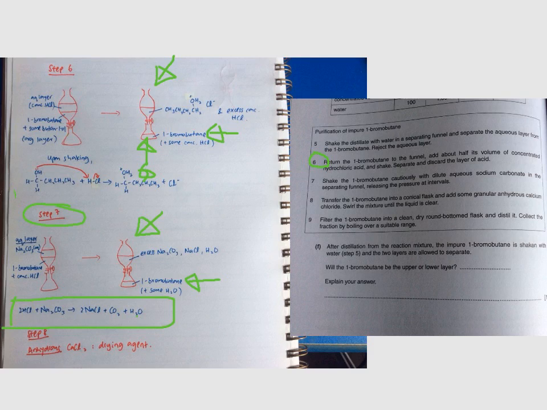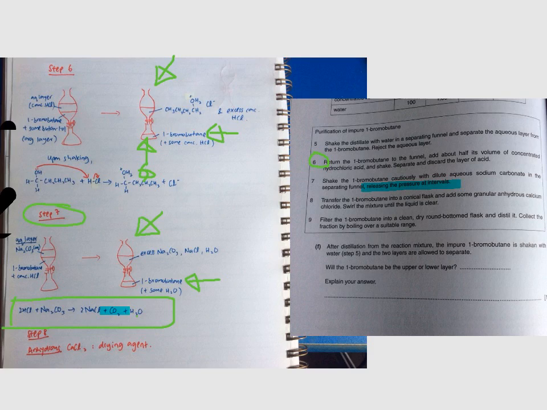I just want to take this opportunity to alert you. The reason why step 7 says release the pressure at intervals is because of the production of CO2 gas. When this neutralization reaction takes place, carbon dioxide gas is actually produced.